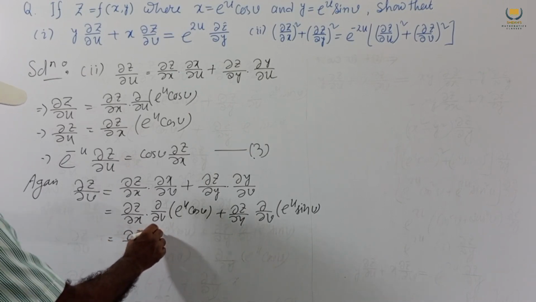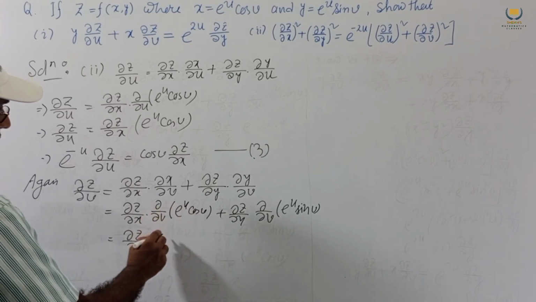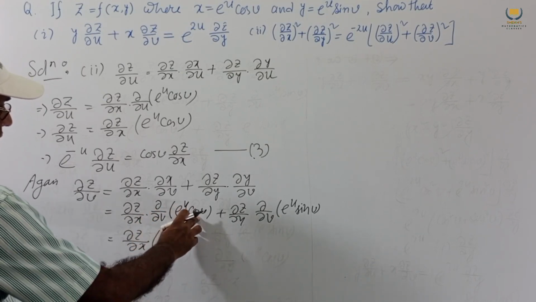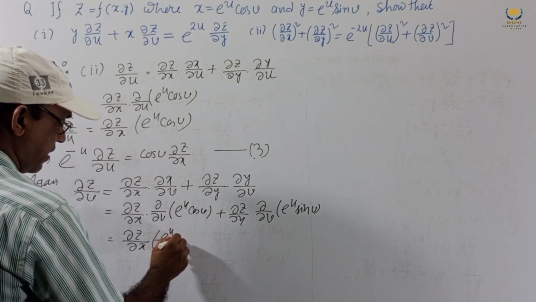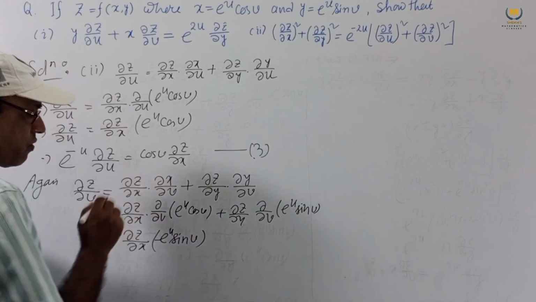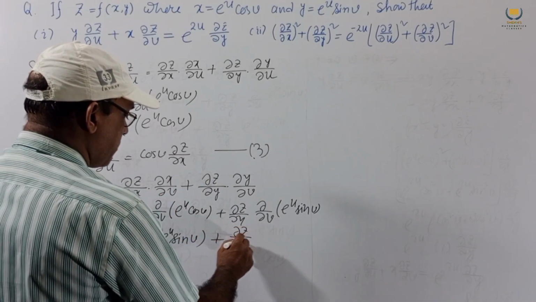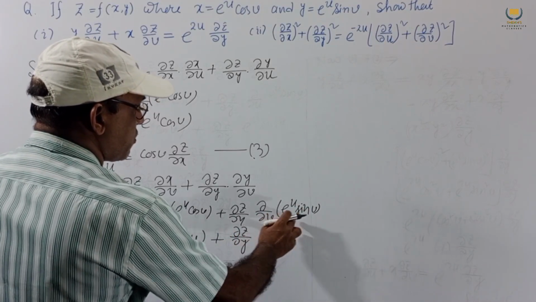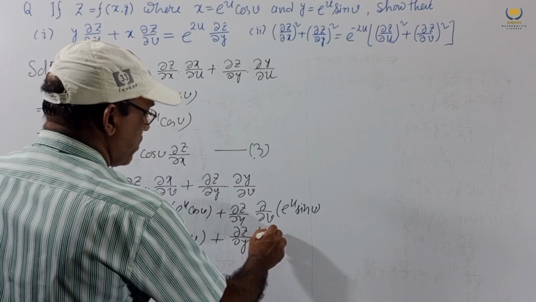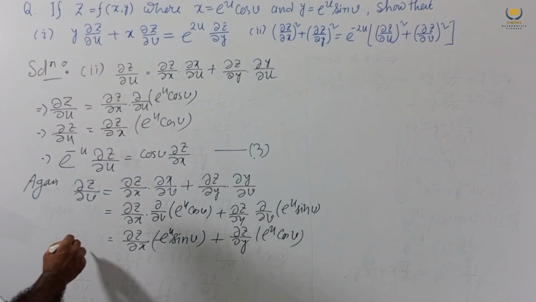With respect to v, this one is the variable and e to the power u is constant, so del v of cos v is minus sin v. So we write minus e to the power u sin v. And this is del z del y, differentiating partially with respect to v, e to the power u remains the same and sin v becomes cos v. We get this one, del z del v.